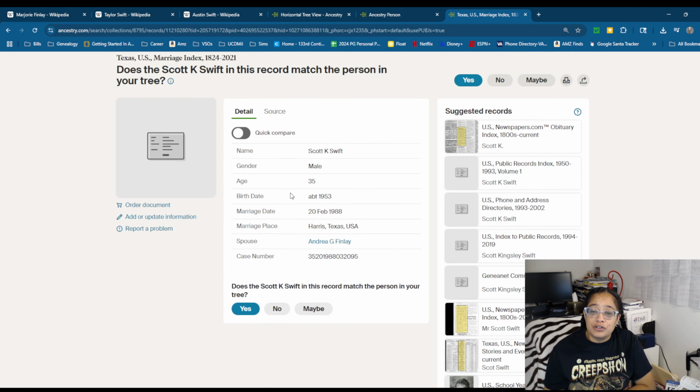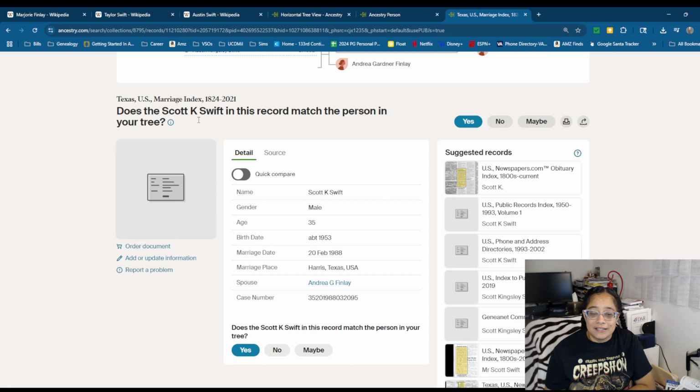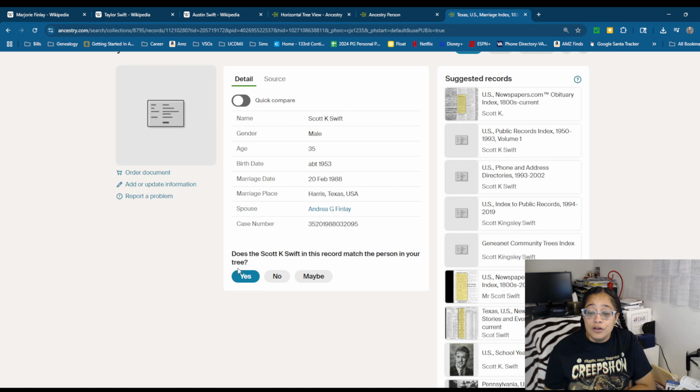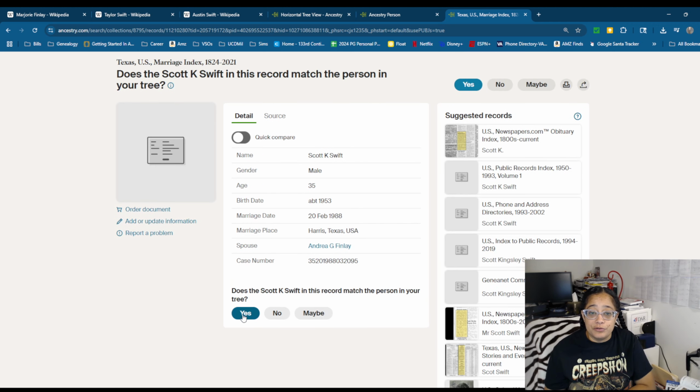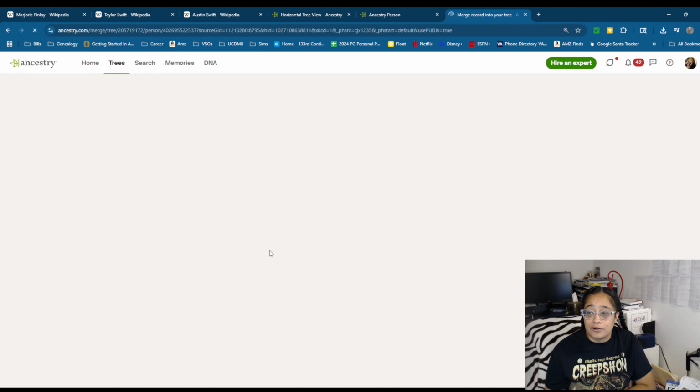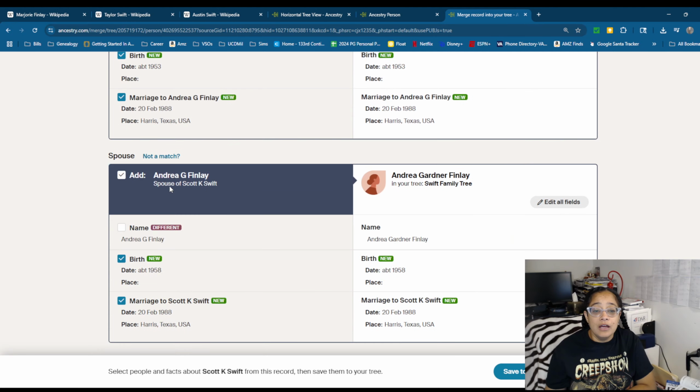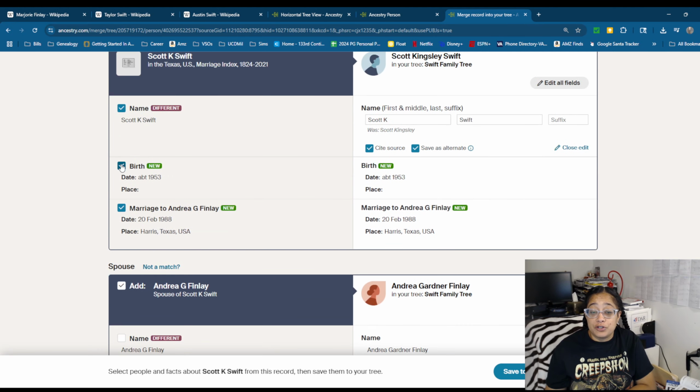So if you were to go to Texas and request these records, sometimes you get the case number or the file number or the certificate number, okay? So then that would be the information you would use to go to Harris County, Texas and order it if you are eligible to order it, because again, these folks are still living, so access to their records are restricted.